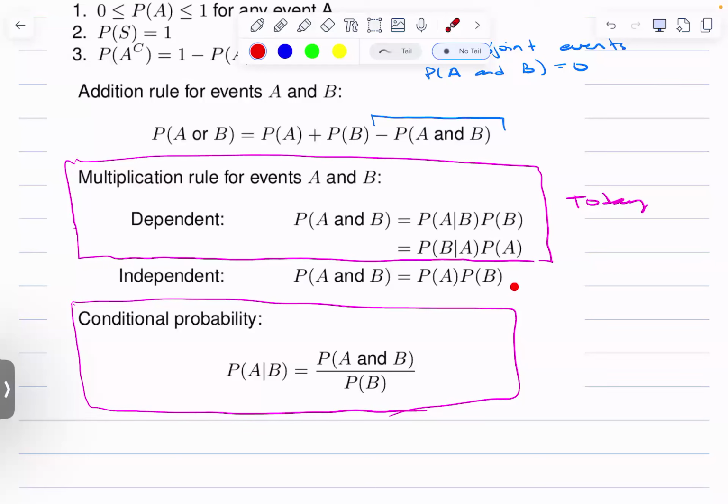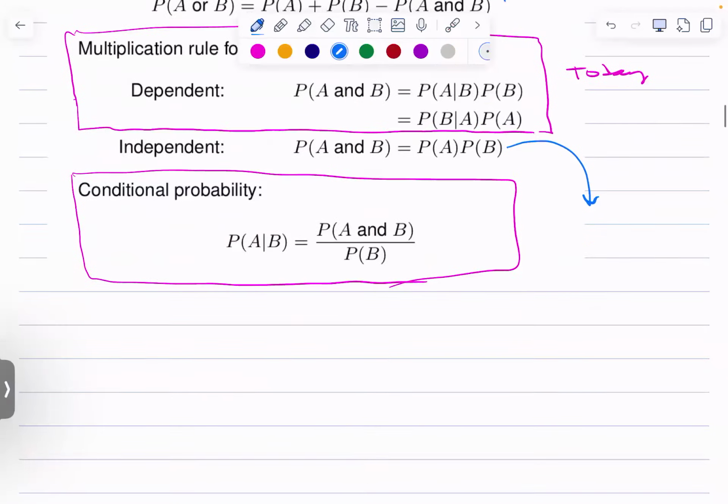So the special case: if A and B are independent, then the probability of A and B, you're allowed to just multiply them together. I usually use this in reverse, kind of flip it against itself.